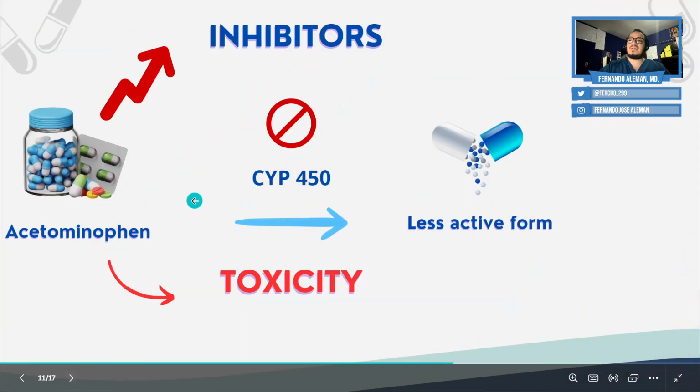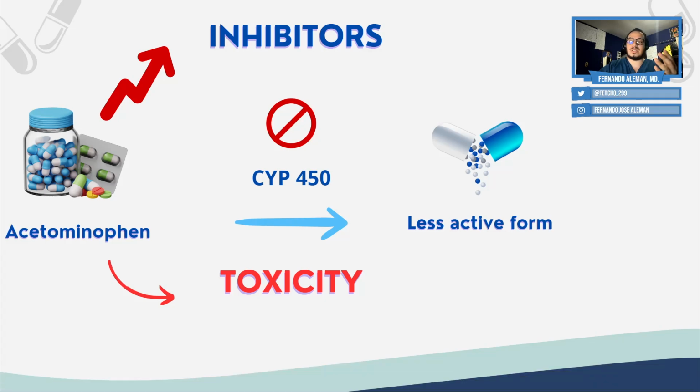So let's be more specific. I wanted this topic to be very clear. Let's say that we have acetaminophen, and it is metabolized by CYP450 into a less active form.